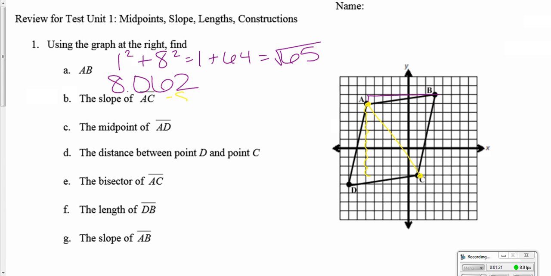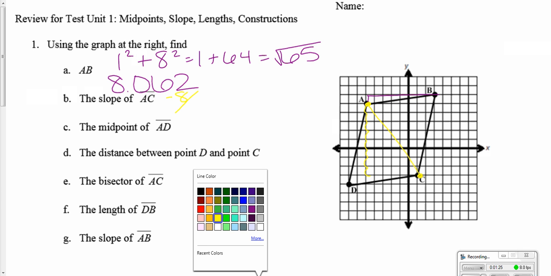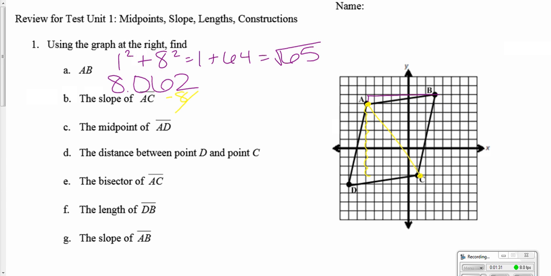So I'm down 8, that's a negative 8. Then I go over 1, 2, 3, 4, 5, 6, over 6. And then I simplify it, so this is negative 4 over 3 as my slope.